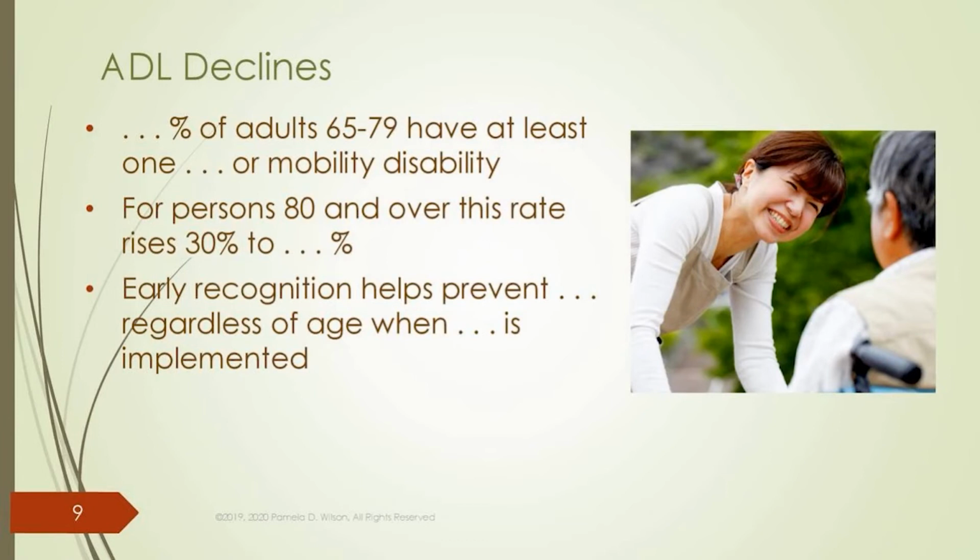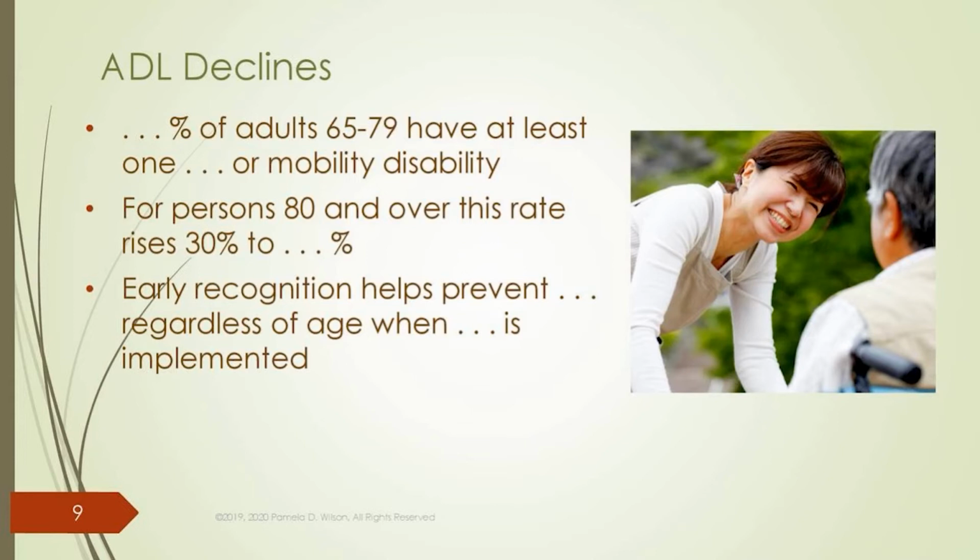Let's talk about some research that substantiates concerns with ADLs and IADLs and the high number of people that are affected. According to the Center for Housing Studies at Harvard University, 41% of older adults who are between the ages of 65 and 79 have at least one self-care, household activity, or mobility disability.